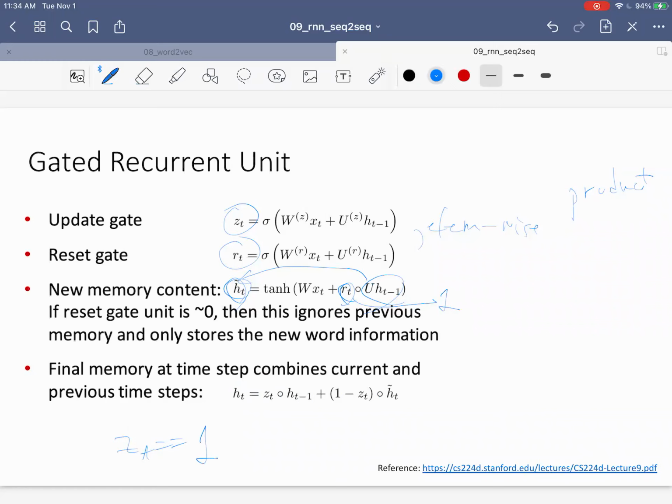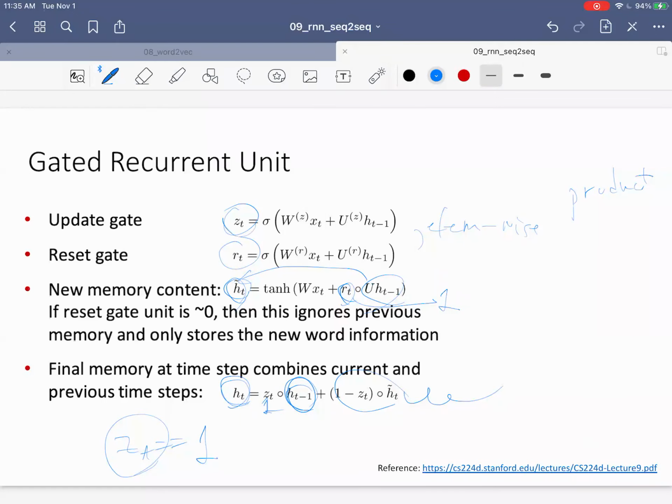If ZT is 1, then this term goes away, and your new memory is actually not even determined, it's copy and paste, because it's the same. If it's 1, then HT equals HT minus 1, which means that if your update gate is 1, then your new memory is a copy paste from your previous memory.